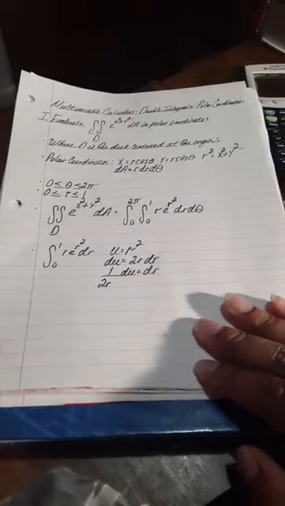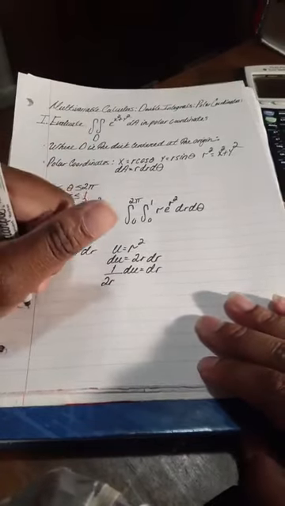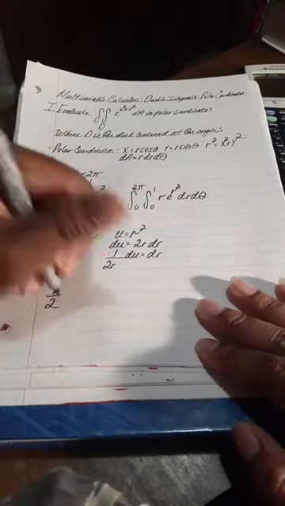The obvious selection for u here would be r squared, and then du would be 2r dr, so 1 over 2r du is equal to dr. Once we do our substitution, we can pull out a 1/2, and then we'll have the integral of e to the u du on the inside.